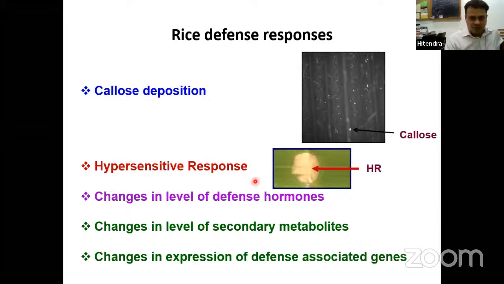Then also what we have observed are changes in level of defense hormones. Plant has jasmonic acid, salicylic acid. These are defense hormones. Also changes in level of secondary metabolites, changes in expression of defense associated genes. So these kinds of different defense responses we observe on rice plant upon pathogen attack.